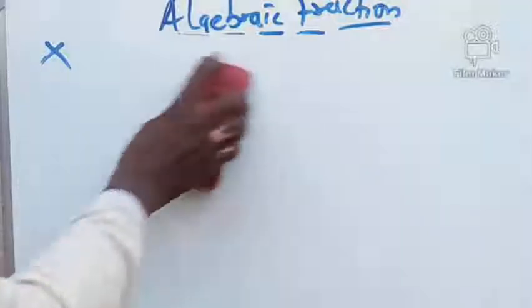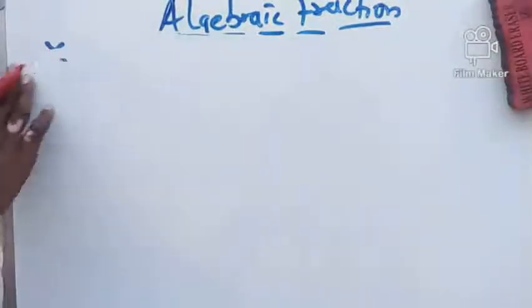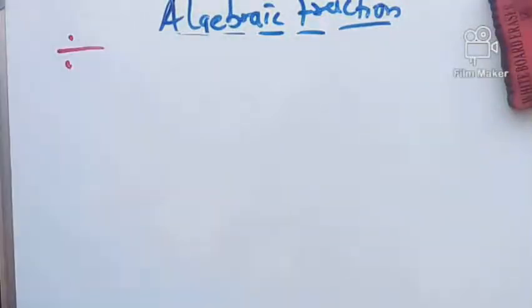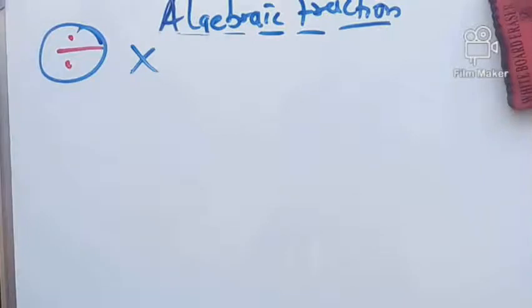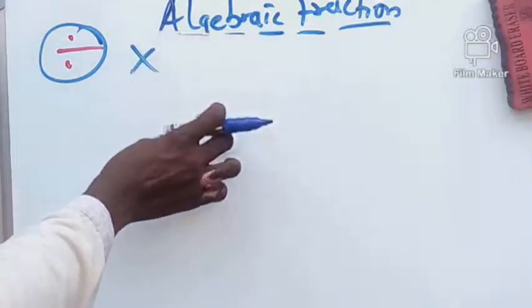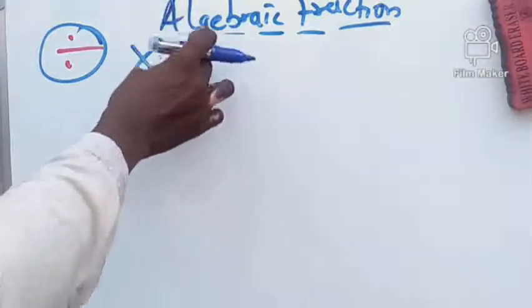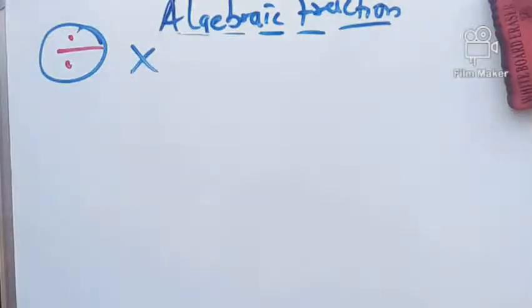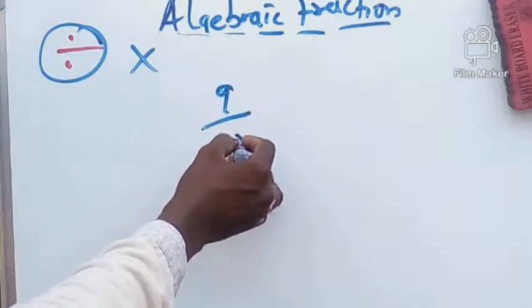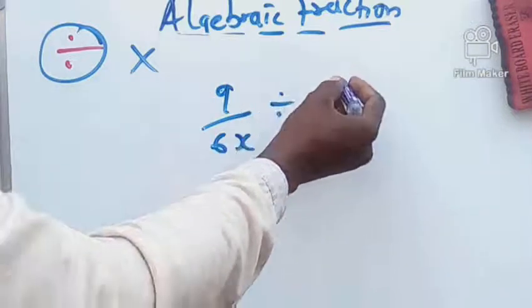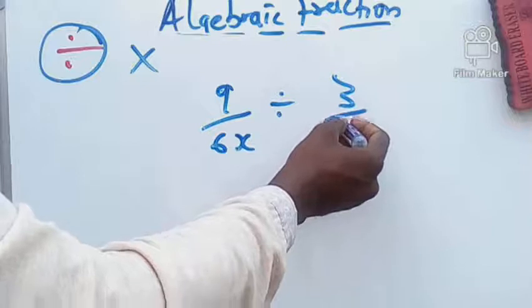So let's cover the concept of division operation. In the case of division, the rule says anytime you have problems on algebraic fractions involving division, what you simply do is change the division sign to multiplication sign, and when you do that, the position of the other fraction will be changed. So let's say I have 9 over 6x divided by 3 over 4x.